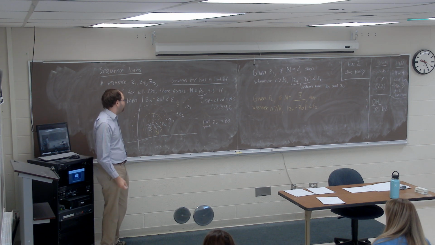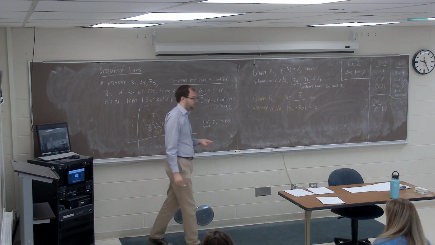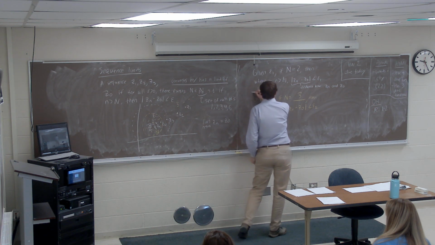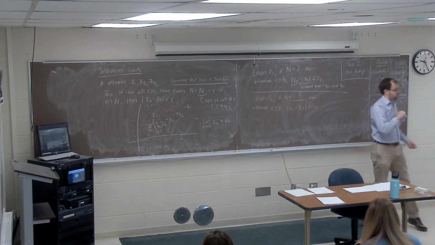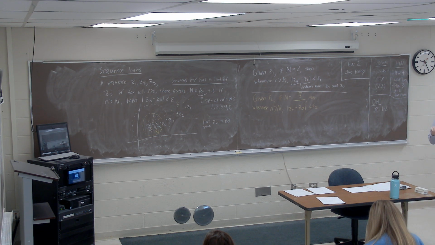What we're working towards is how to prove it for an arbitrary epsilon as opposed to just some specific one I throw at you. But this is the idea of how you answer the challenge. If I challenge you with an epsilon, you need to be able to tell me, for the epsilon you just gave me, Dr. Gerstle, here's the big N point past which every term in the sequence is within that distance from z naught.